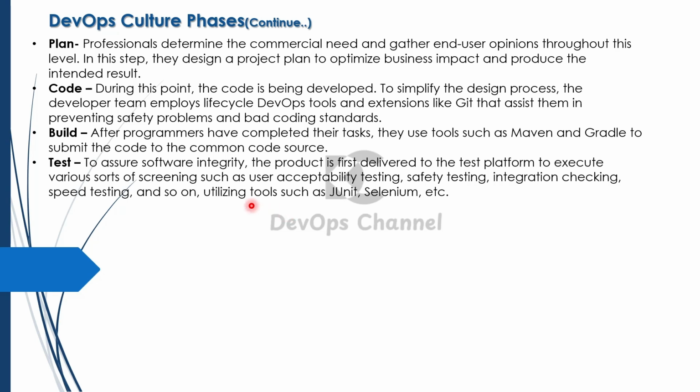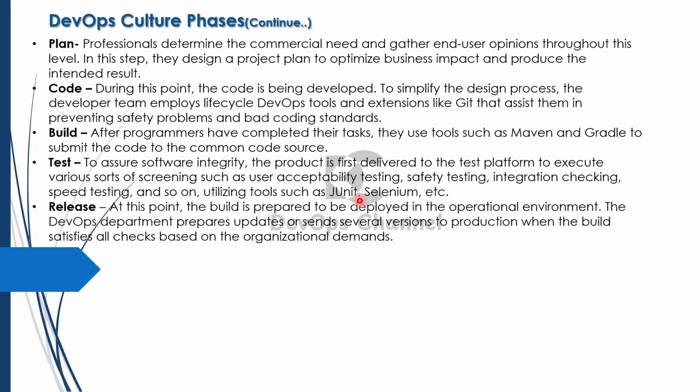These tools consist of JUnit, Selenium, etc. All these tools have their own advantages and are used for different purposes. The next phase is the release. At this point the build is prepared to be deployed in the operational environment.